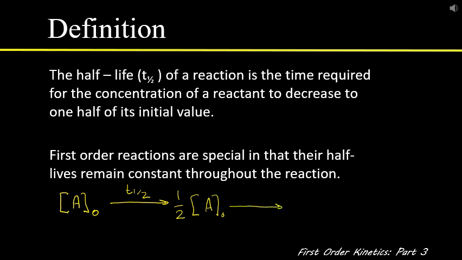And then during the next half-life, it doesn't reduce by the same amount, but it reduces by the same fraction. So it reduces by 1/2 again, and so the concentration would be 1/4 of its initial value, and after a third half-life, it'll go down to 1/8 of its initial value.